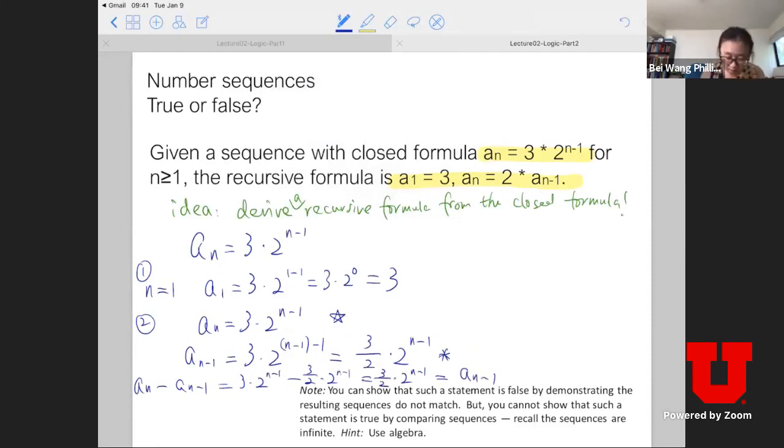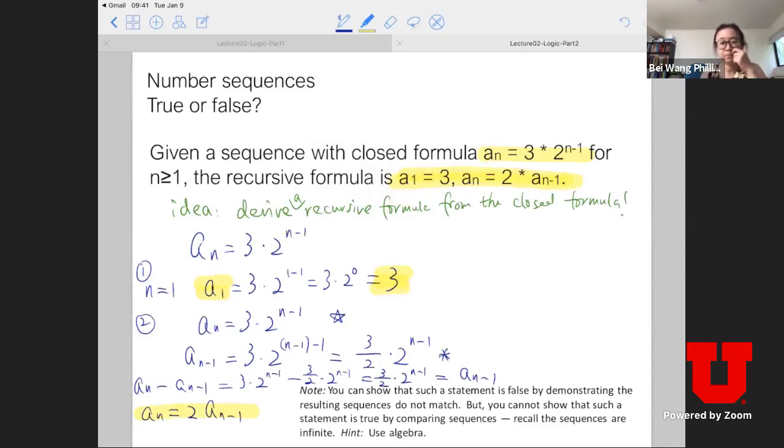Another way to say this is a_n is equal to 2 a_{n-1}. Okay, so now what did I get? I have derived, first of all, for a recursive formula, the first term is a_1 equal to 3. And for any subsequent term, a_n is equal to 2 times a_{n-1}. And that's exactly what's given here. That means the recursive formula given is correct.